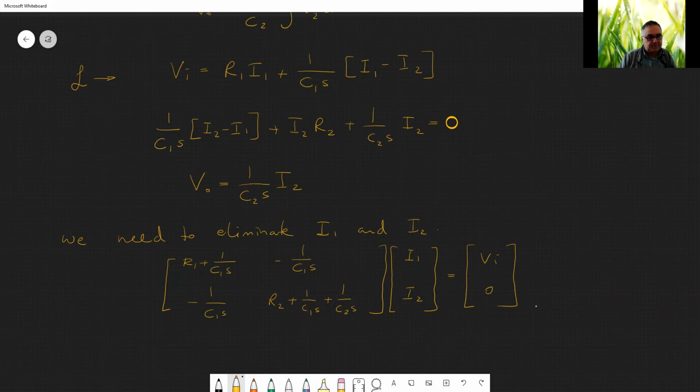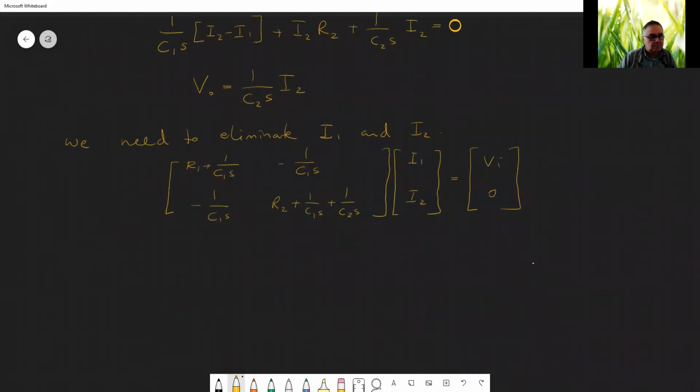Okay, so this is a matrix equation. It can be solved for I1 and I2. So solve for I2.